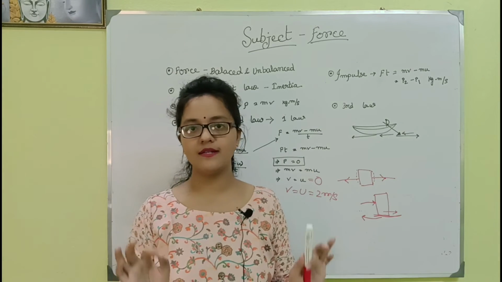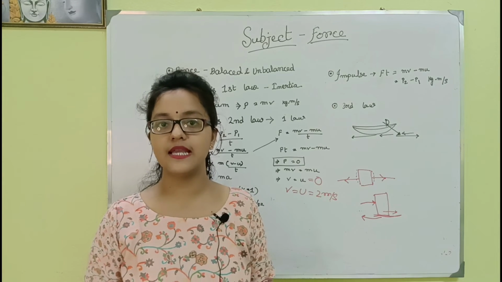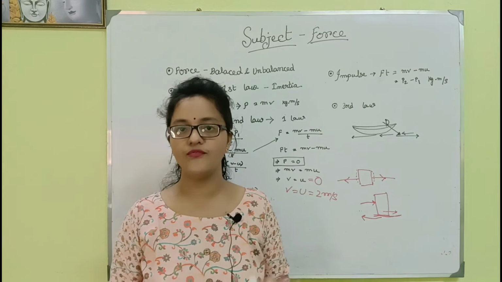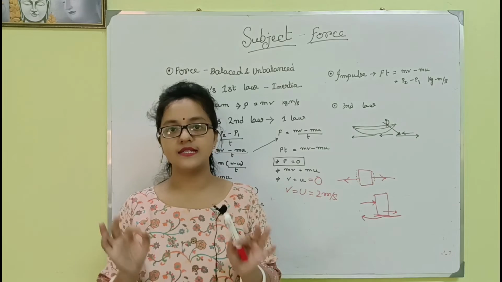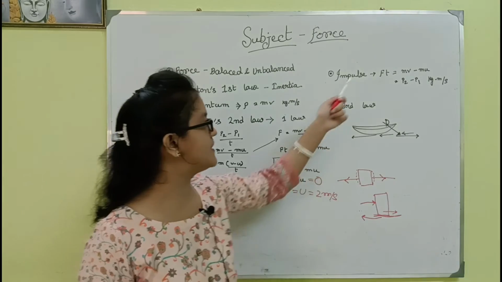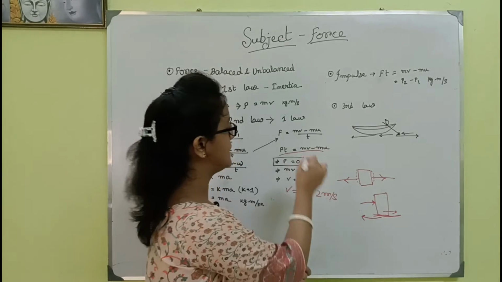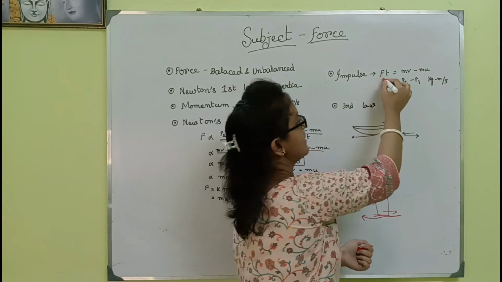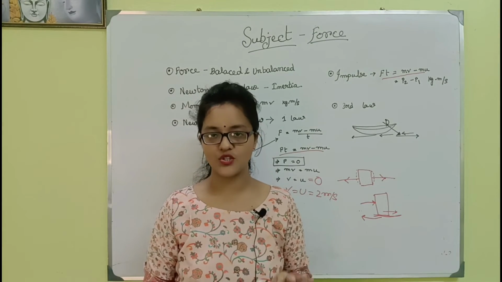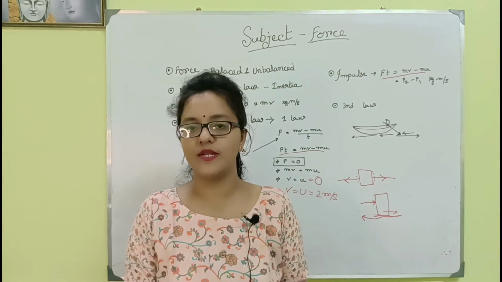Now I am shifting my discussion to the next topic, which is impulse. Impulse is the product of force with the time for which the force acts. Ft is mv minus mu. Here mv is the final momentum p2 and mu is the initial momentum p1.